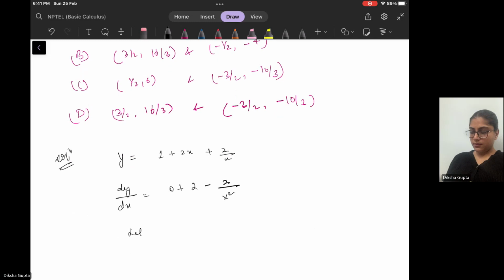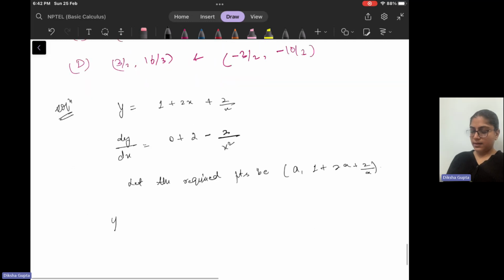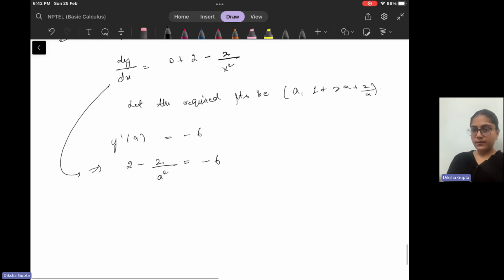So let the required point, meaning the point where the derivative is minus 6, be (a, 1 plus 2a plus 2 by a). So y dash at a equals minus 6 implies 2 minus 2 by a square is minus 6.